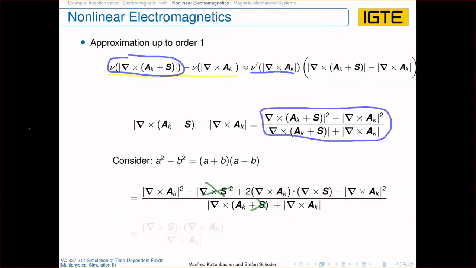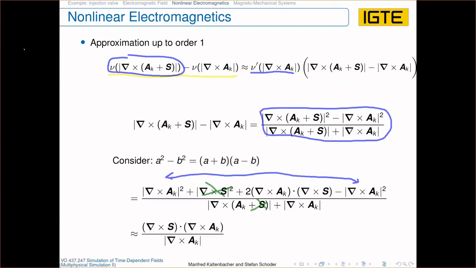And then we should not forget that we have these two terms. When we subtract, it is 0. Which means these two terms and these two terms added will cancel out, and we have a final expression for it: the curl of S dot product curl of AK in the numerator, and in the denominator just the absolute value of the curl of AK, which is actually BK, the magnetic flux density.